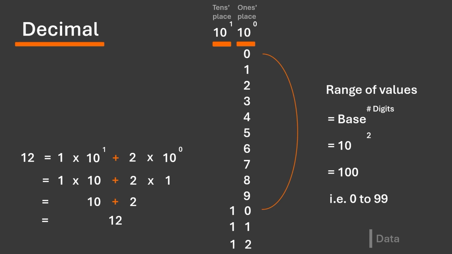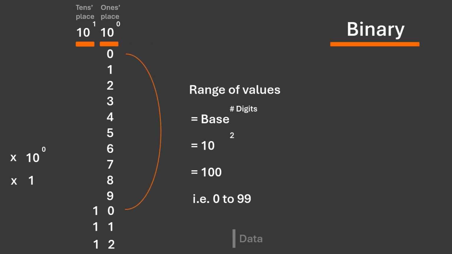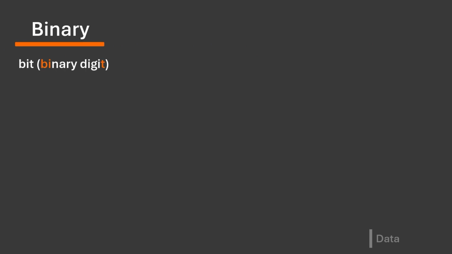While the decimal system is intuitive for humans, it is not inherently compatible with computers, which are designed to understand binary digits. In the binary numbering system, a bit, which is short for binary digit, is the smallest unit of data in a computer. It can hold one of two values, 0 or 1. The binary system is based on these two possible values and is referred to as the base 2 numbering system. For example, 0 in binary is the same as 0 in decimal, and 1 in binary is the same as 1 in decimal.